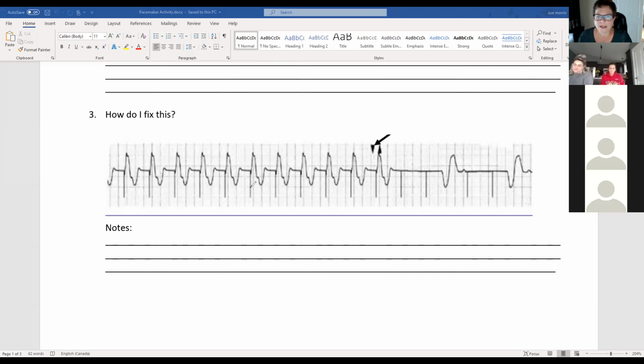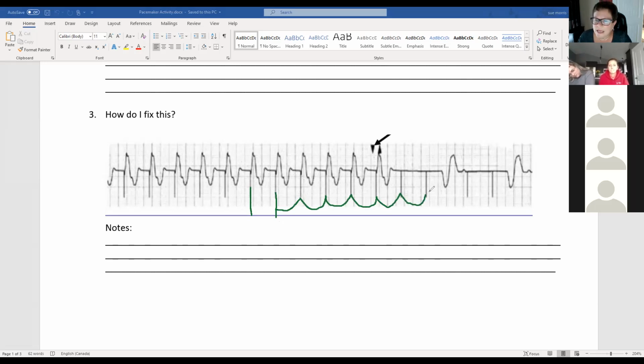So I know that this pacemaker is working fine over on the left side of this page. So I take a sheet of paper and I mark the distance between 2 paced beats. And then I move that sheet of paper along and I see that this one came in at the right time, and this one, and this one, and this one, and this one, and this one.